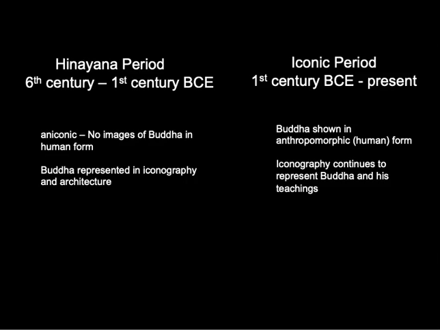Why would you want to put the sacred figure of Buddha back into a human form? So we can see the aniconic choices as being a stronger connection to the historical Buddha, the Buddha that existed, the Buddha that was a prince, the Buddha that had achieved enlightenment and nirvana.